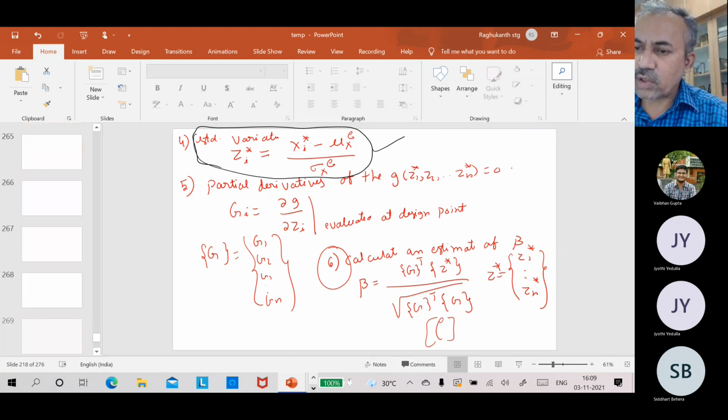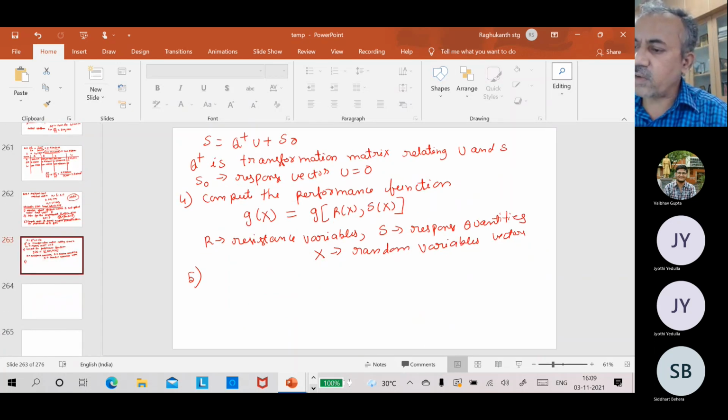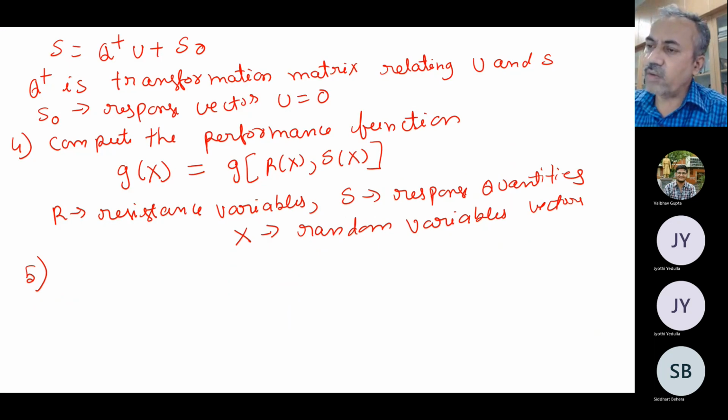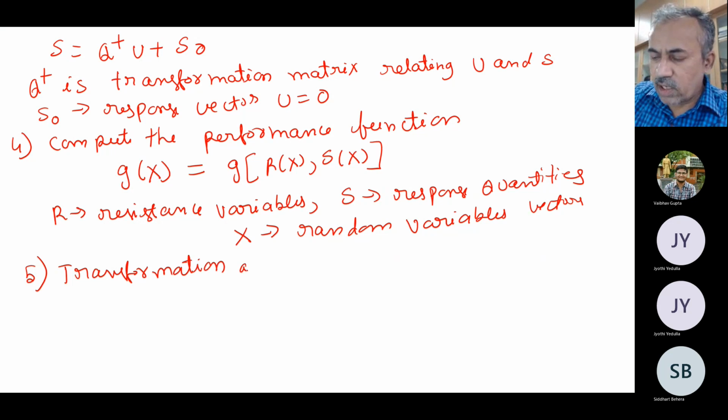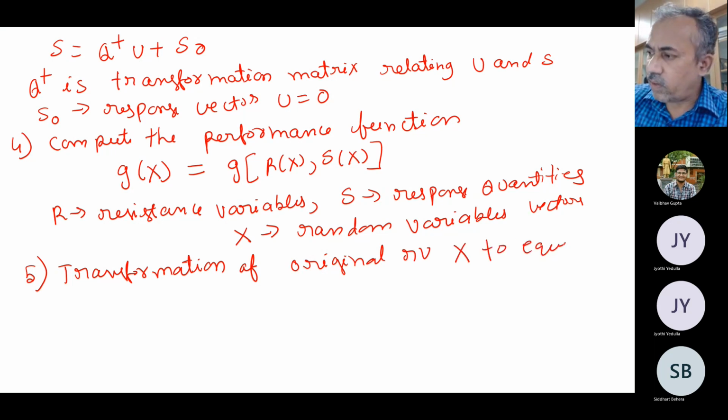In our stochastic FEM, or whatever method you are doing, we don't work with actual X. We work with the reduced variates. So we do a transformation of the original random variables X to equivalent ones.